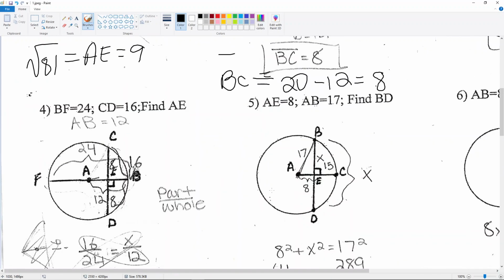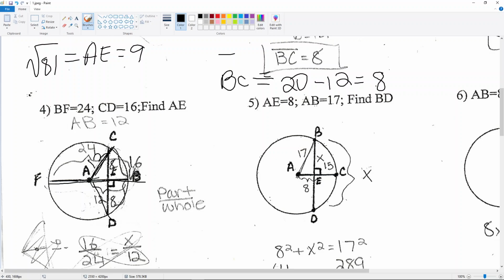Number 4, that's the one where I started talking about these ratios. Let's see if I can redraw this. BF, that's this whole thing, is 24. Oh, okay, that makes AC 12 because it's a radius. The diameter is 24, AC is 12, AD is 12, CD is 16.